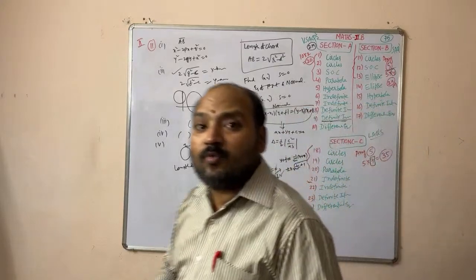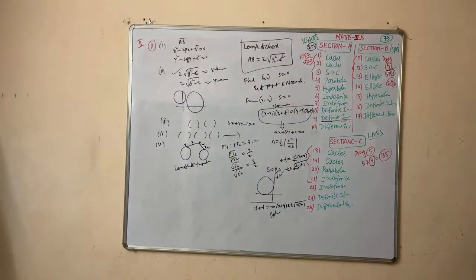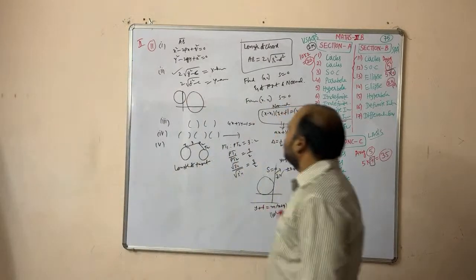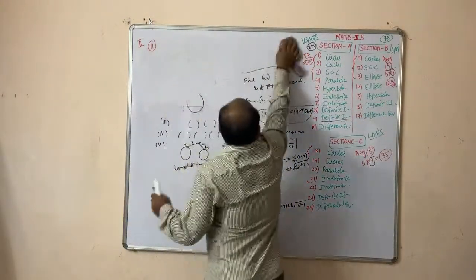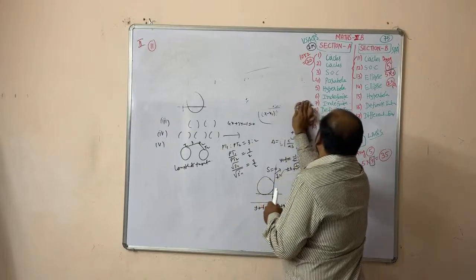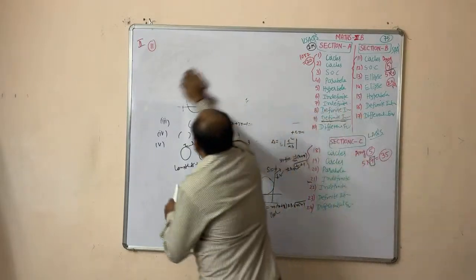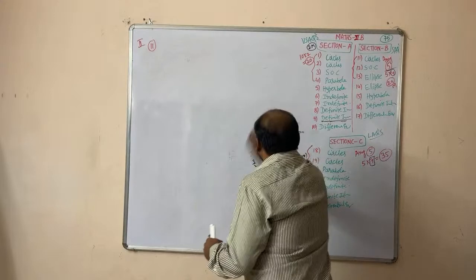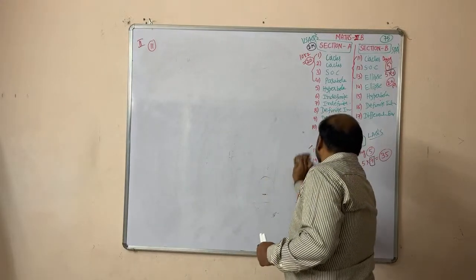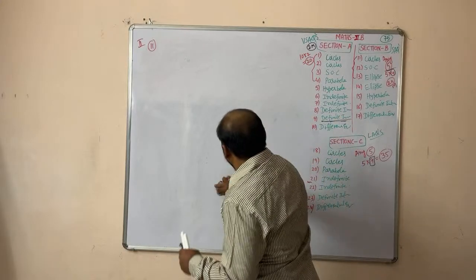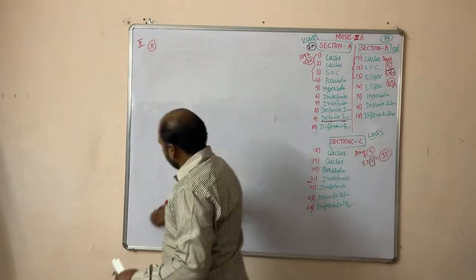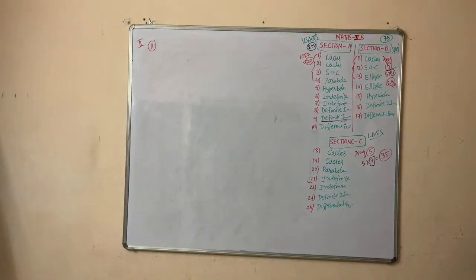Now I will go to the fourth exercise. In the fourth exercise, a number of possibilities are there. I will just explain.